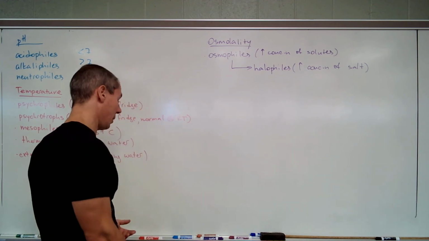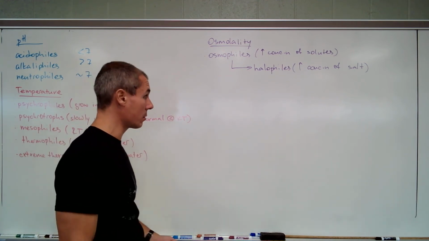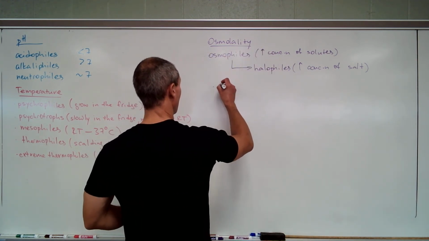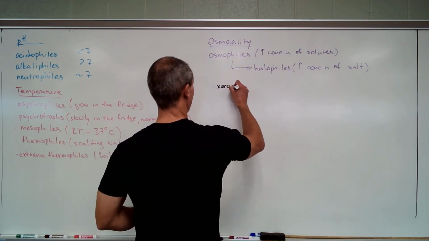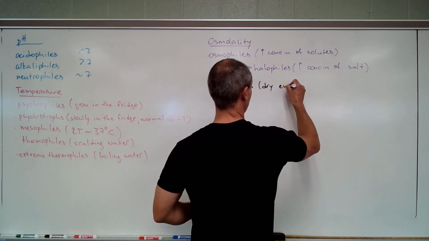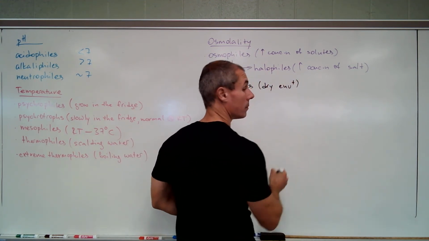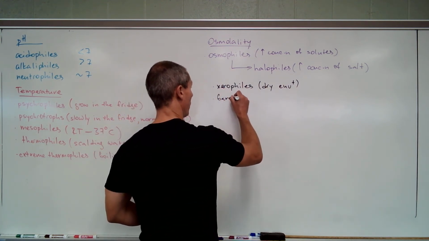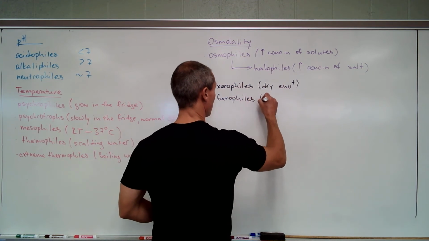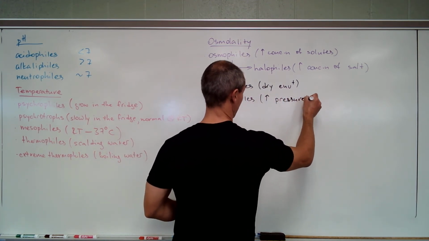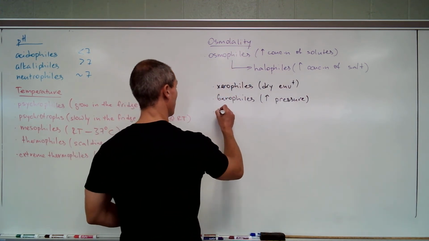Last few garden variety terms here. Xerophiles, dry environment, okay. Barophiles, high pressure, basically bottom of the ocean. There are microorganisms there.